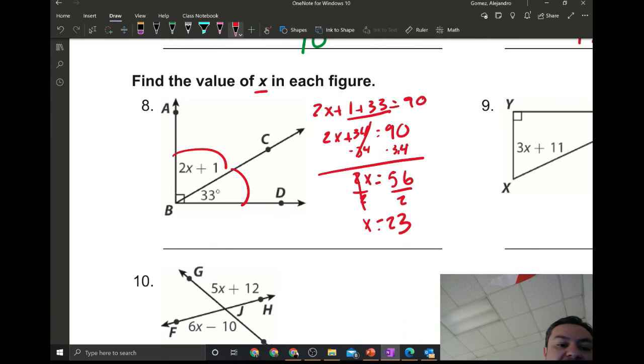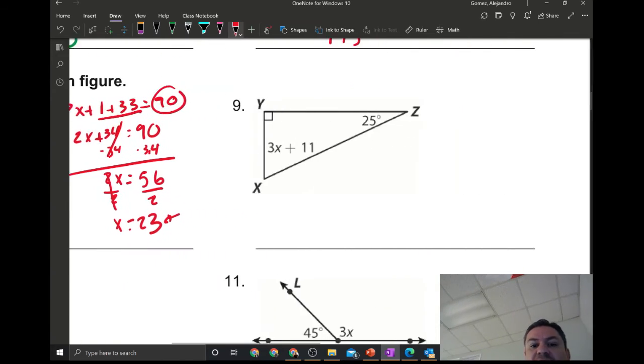If you want to find the angle, you can subtract 90 minus 33, or you can substitute the value of x. 2 times 23 plus 1. This is 46 plus 1, which is 47 degrees. And this plus this should give you 90.